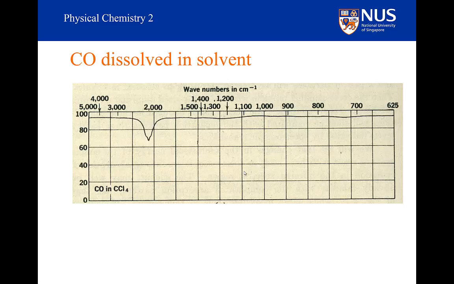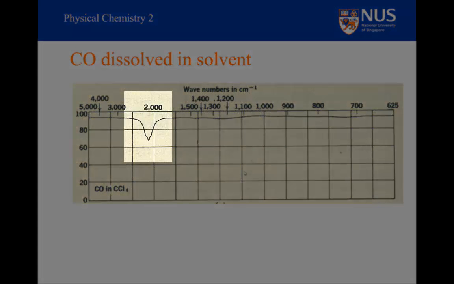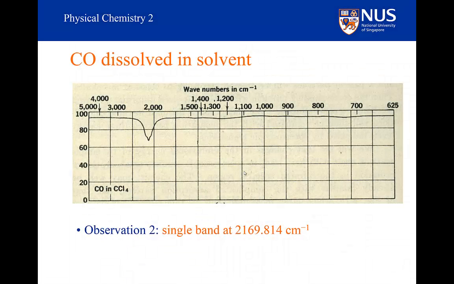Well, it depends. Here we have carbon monoxide dissolved in carbon tetrachloride. And we've got a spectral line centered at around 2169.8 wave numbers. Notice that it is about 14 wave numbers different from the value that we calculated from the rotational spectrum of carbon monoxide when we use the expression relating the vibrational frequency to the rotational constant and the centrifugal distortion constant.